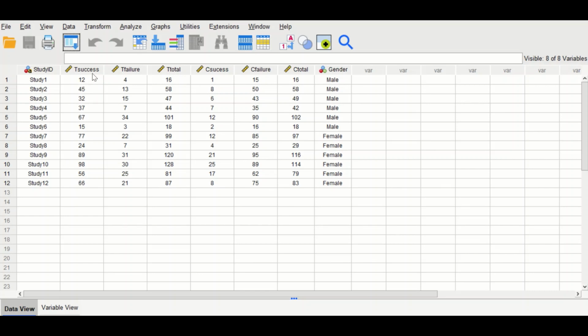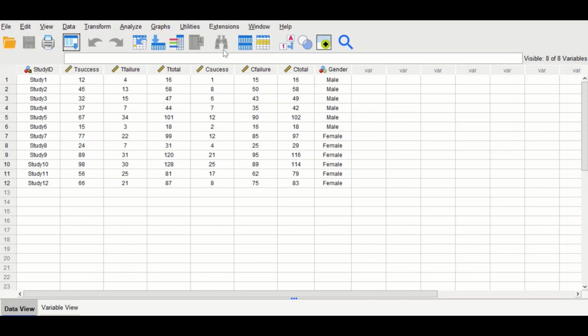The first column here with data is the treatment event or success. The next one is the treatment no event or failure, and the third one is the total participants in the study, those who had succeeded and those who had failed to recover from the condition.